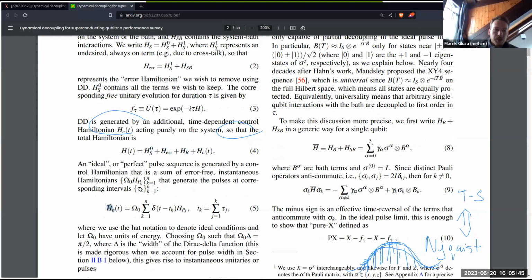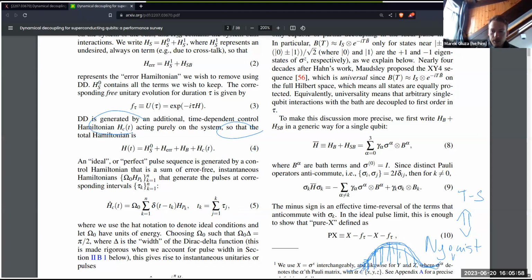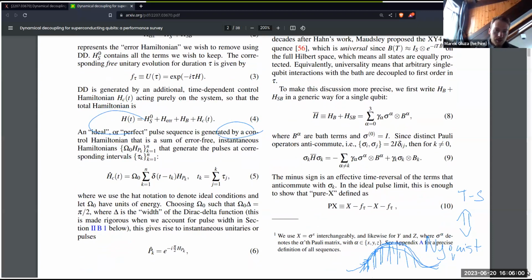Those pulses will kick in and they will have this kind of spiky form. And so the total evolution will be adding up here by adding the pulses. Okay. So this is a bit of a sidetrack, but it's giving you a background, as the section title says, and so on. Yeah. So we didn't discuss dynamical decoupling yet.